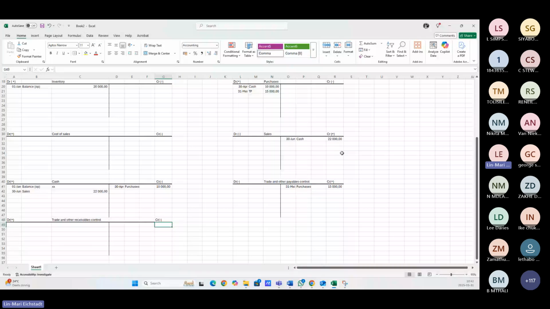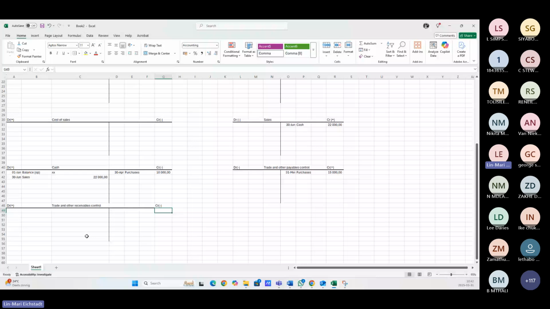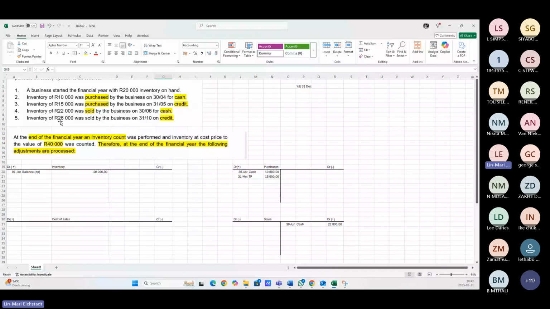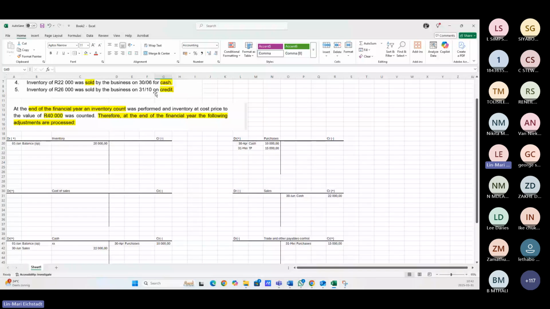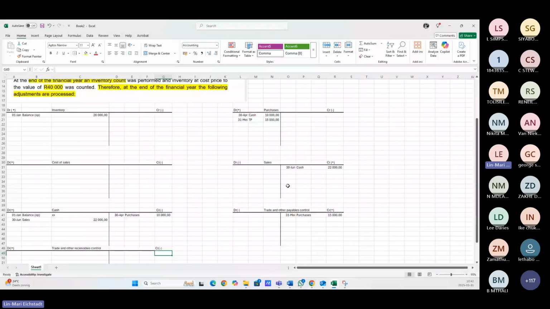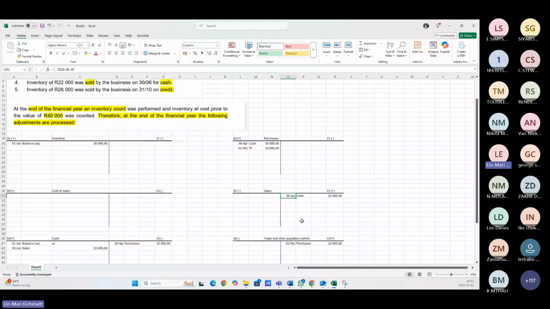So if we go back to the example, it says inventory of 26,000 was sold by the business on the 31st of October. So if we look at our sales account on the 31st of October, there were sales, but these sales were not for cash. These sales were on credit, so I'm going to rather say trade and other receivables account. And this amount was 26,000.